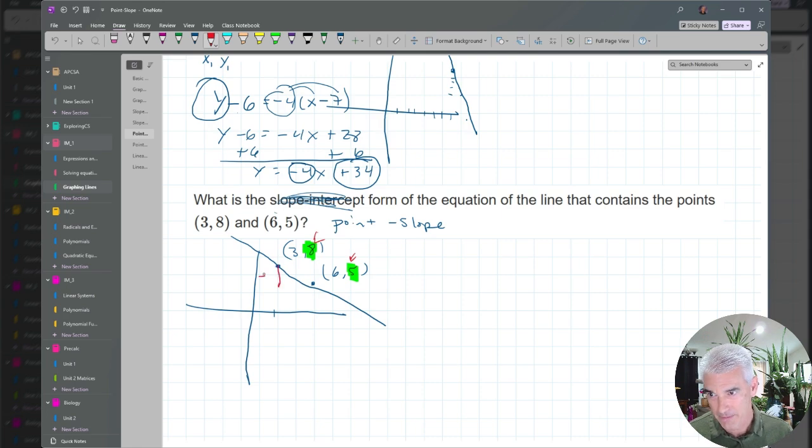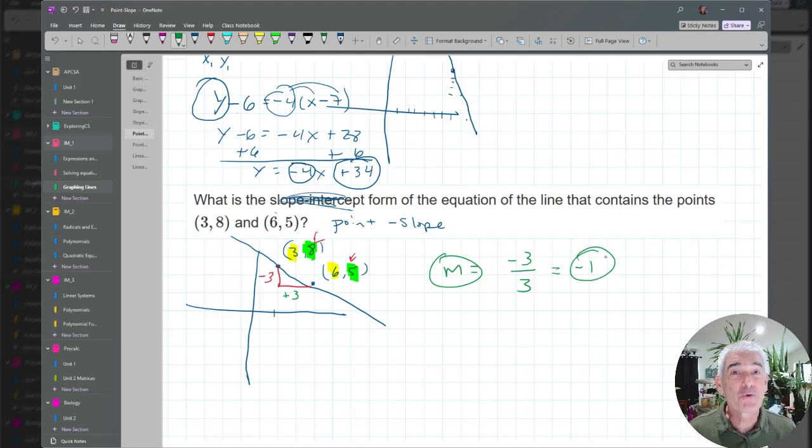For the run, I look just at the x-coordinates. I started at 3, ended at 6, so I went up 3. If you're going from left to right, the run is always going to be positive. Just a pro tip there. So the slope is the rise over the run, -3 over 3, which is -1. So my slope is -1. I'm pretty much done.